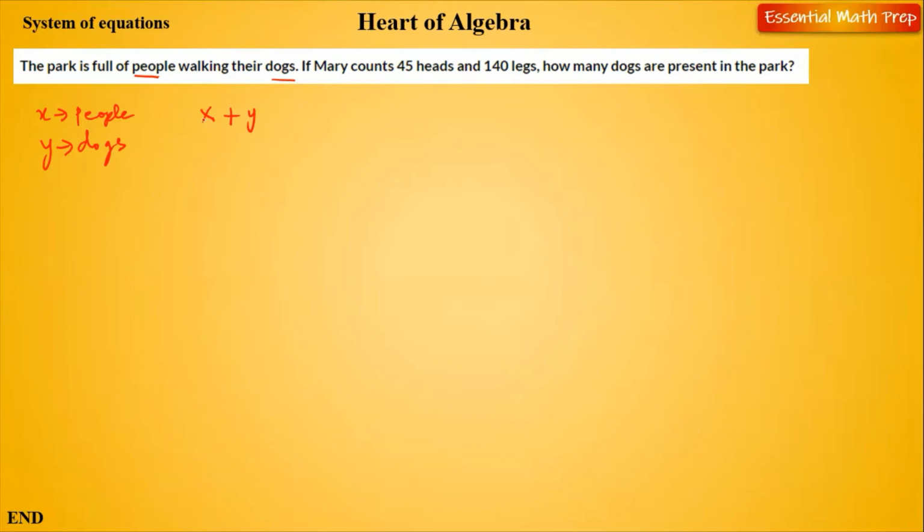So 1 head for each X and 1 for each Y equals a total count of 45. Humans have 2 legs, so 2X plus dogs have 4 legs, so 4Y equals the leg value, which is 140.